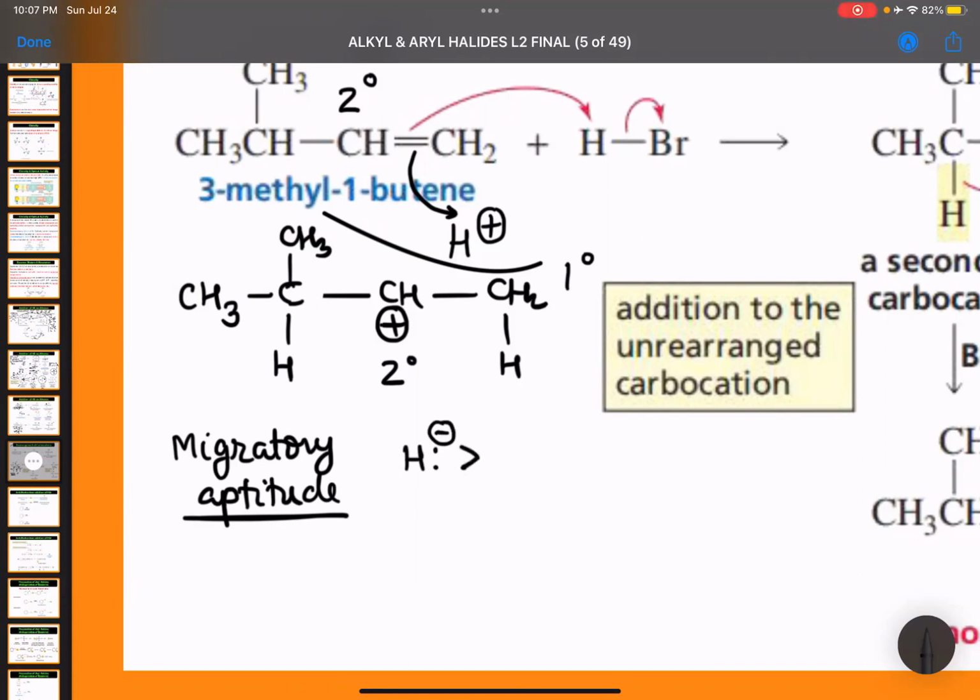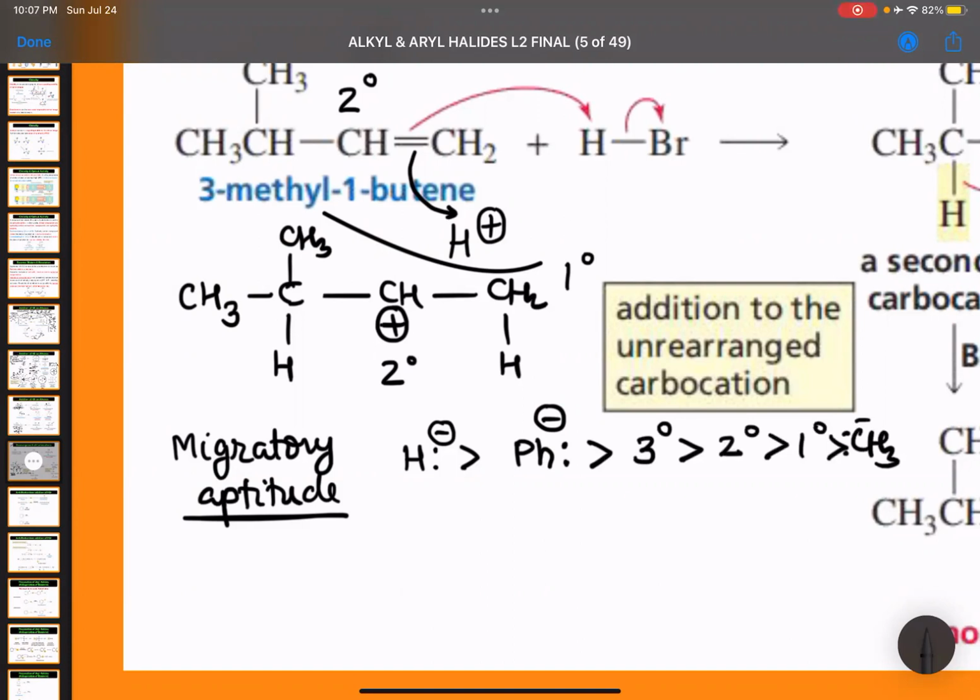So hydride, then the phenyl group can get shifted after hydride, and then you have alkyl groups which can get shifted, and within the alkyl groups: tertiary carbon, secondary carbon, primary carbon, then methyl.